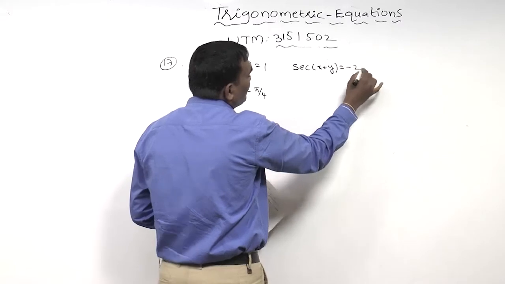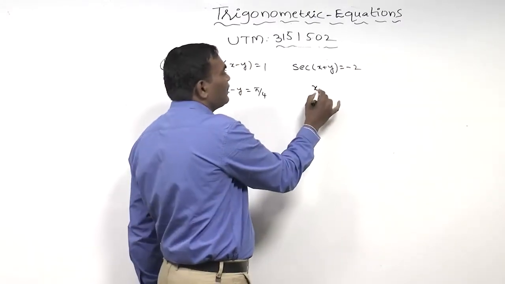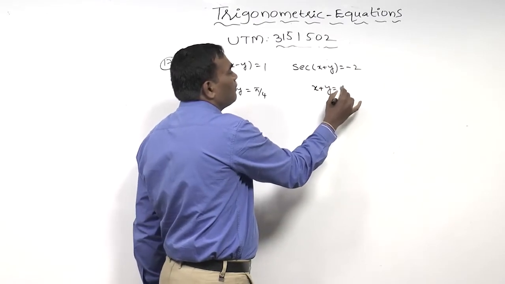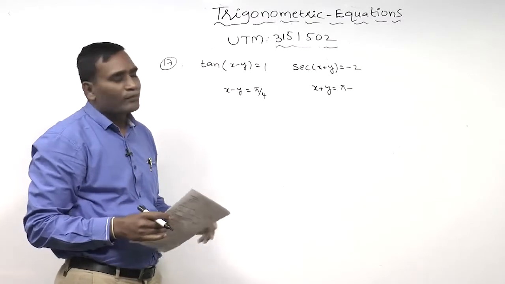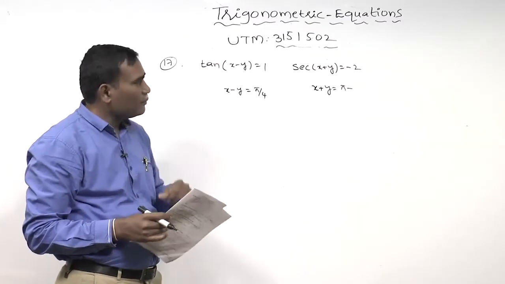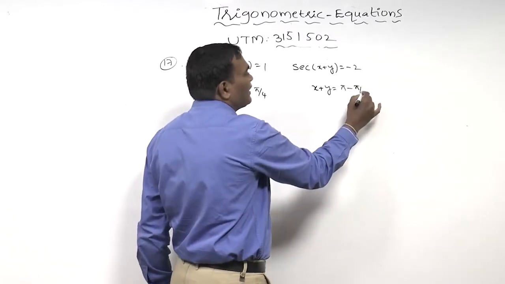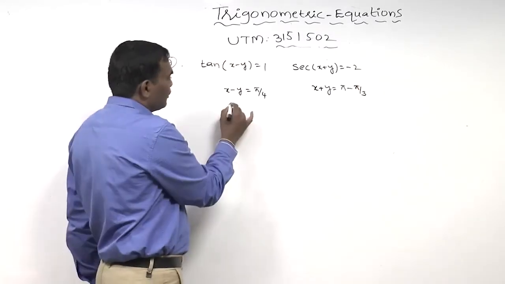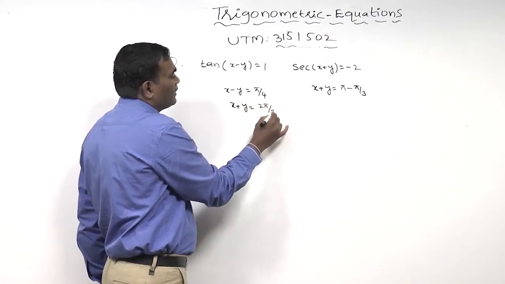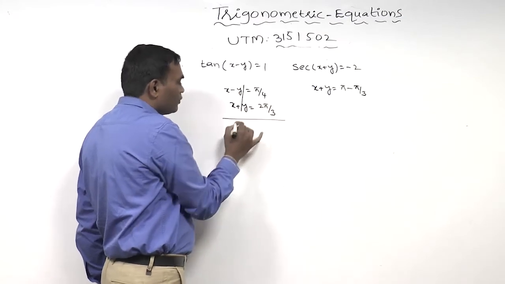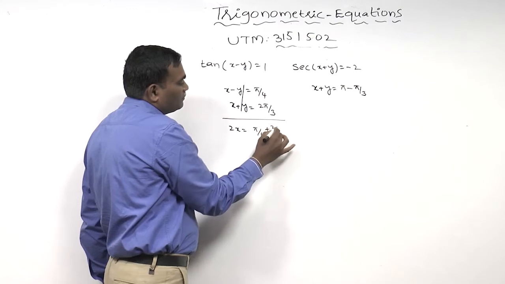Secant is negative, so we are in the second quadrant, x plus y is equal to pi minus something. For what value is secant equal to 2? Cos 60 is 1 by 2, so secant 60 is 2. 60 means pi by 3. Pi minus pi by 3 is 2 pi by 3. So x plus y is equal to 2 pi by 3. Adding these two, 2x is equal to pi by 4 plus 2 pi by 3.